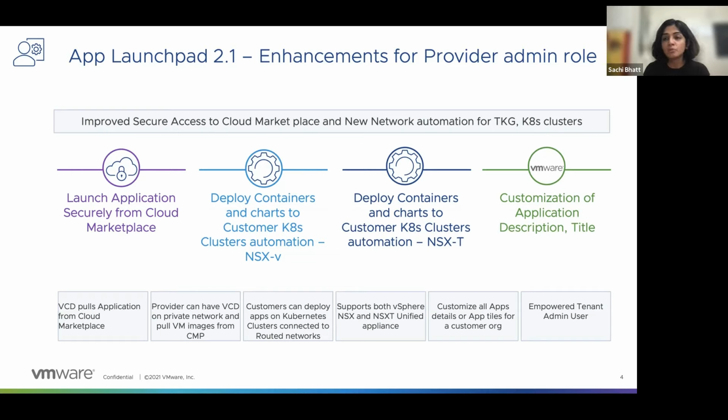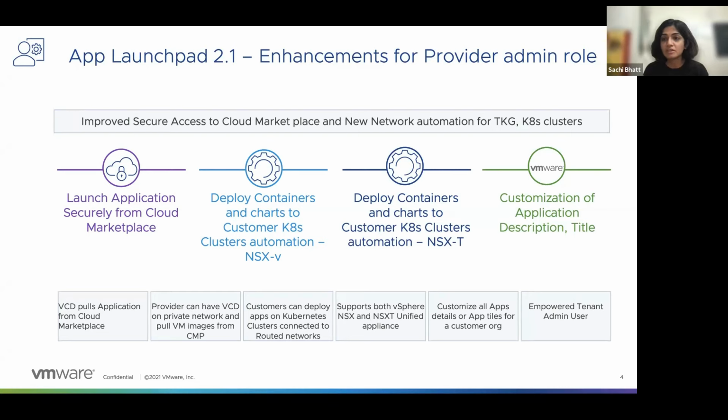Now we are removing that dependency by automating it. App Launchpad is going to look at the external IP of the Kubernetes cluster that's been created within the customer organization. It's a read-only operation, and it's not going to make any changes in the customer setting.